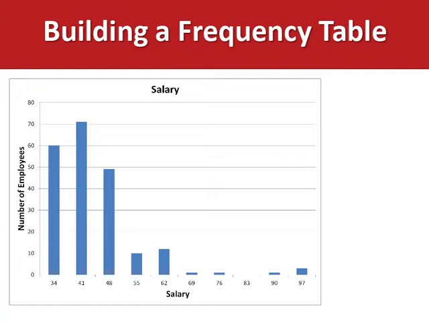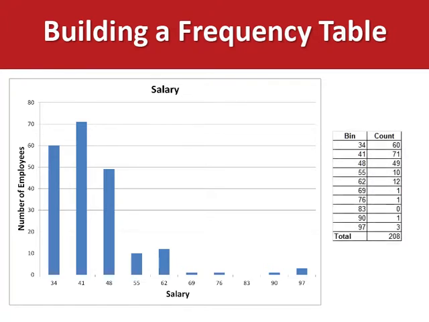So here you see a very simple frequency table, and it has two columns. The column on the left is typically called the bin, and it is a bunch of thresholds or cutoff points for the value of salary. And I'll explain that in a second.